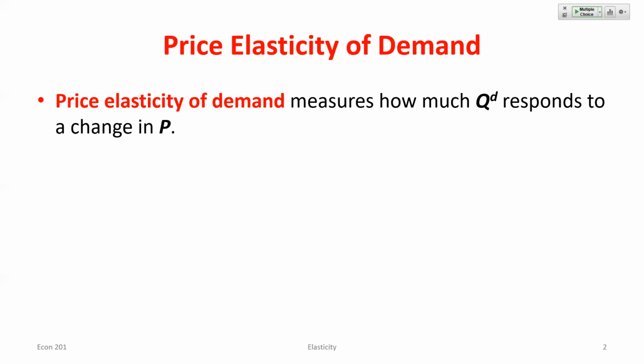As the price drops, our quantity demanded increases. We have this inverse relationship. When the price is high, people demand lower amounts than when the price is low. So the elasticity of demand is how responsive quantity demanded is to price changes.